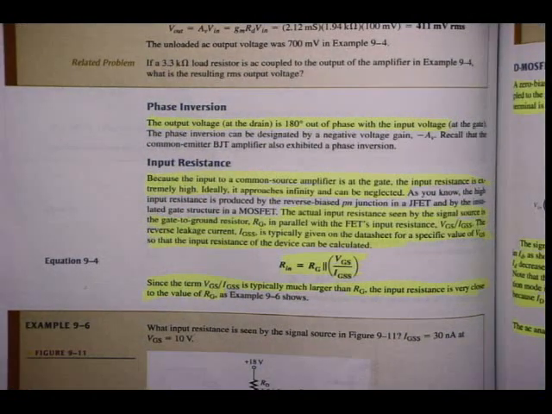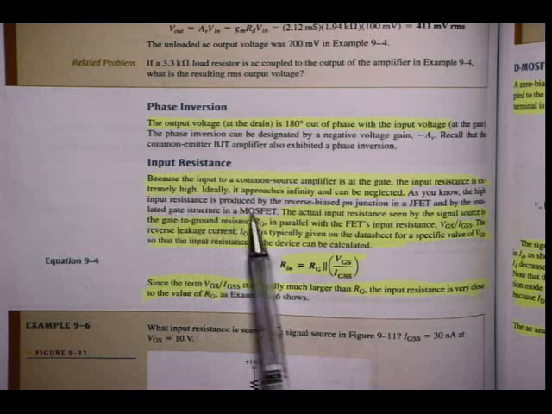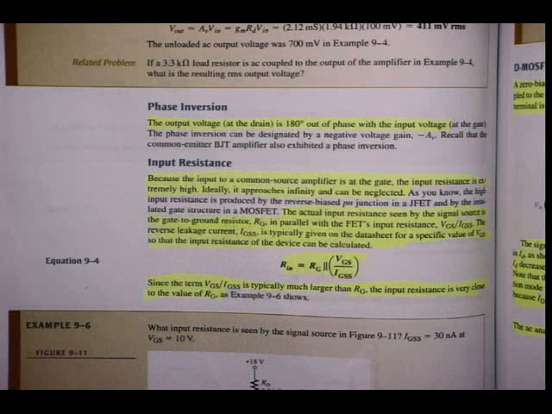Right, the next section, the phase inversion. The output voltage at the drain is 180 degrees out of phase with the input voltage, as we've seen. Input resistance: because the input to a common source amplifier is at the gate, the input resistance is extremely high. Ideally, it approaches infinity and can be neglected. As you know, the high input resistance is produced by the reverse biased pn junction in a JFET and by the insulated gate structure in a MOSFET, as we've seen in the previous chapter.